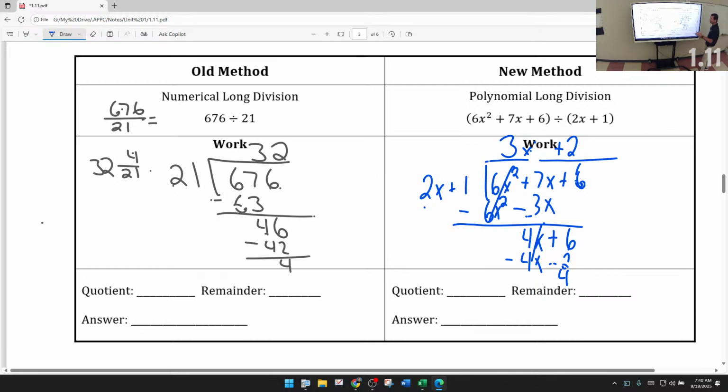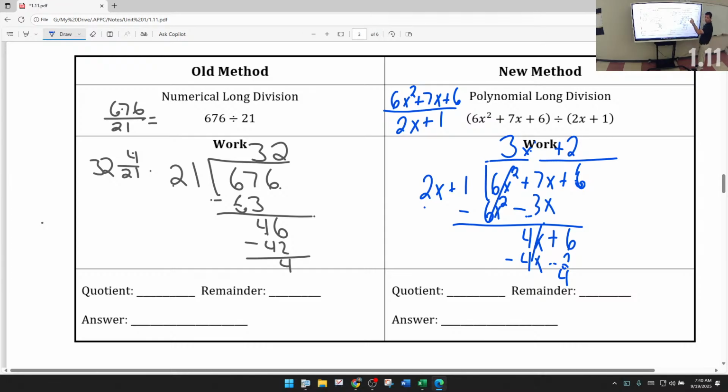This is what you need to know. I have changed this equation, 6x squared plus 7x plus 6 over 2x plus 1. That's what it looked like before. Bigger on top, you got to divide. You look at 6 over 2. We knew it was parallel to 3x already.